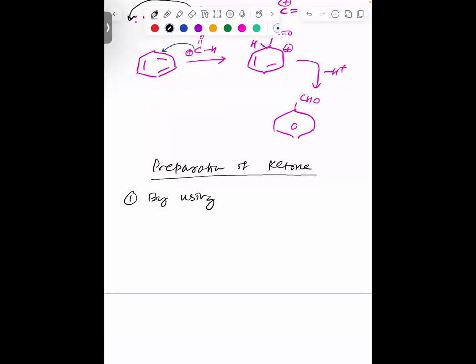Here ketone is formed by using CdCl2. If we take Grignard reagent, first it forms R2Cd plus MgCl2. First step clear?